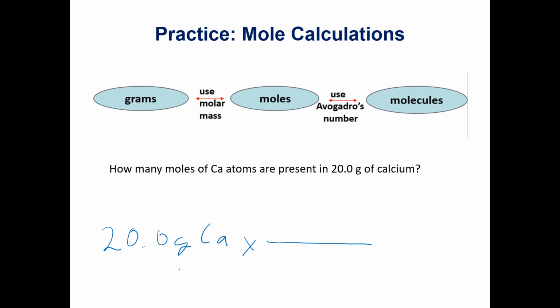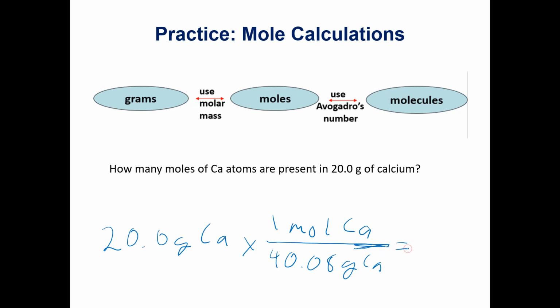Since we start with grams in this case, grams needs to go on the bottom of the next step in order to cancel out grams. So the molar mass always goes with grams, and the molar mass is always for 1 mole of a substance. So it will always be how many ever grams from the periodic table per 1 mole of a substance.